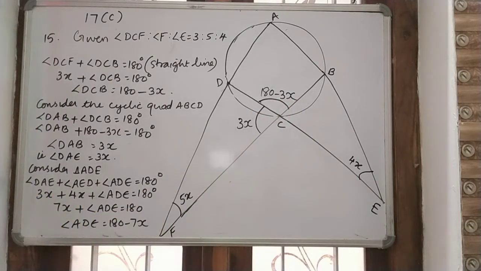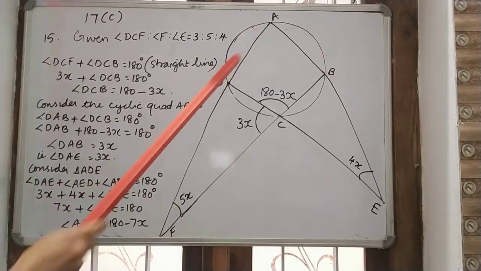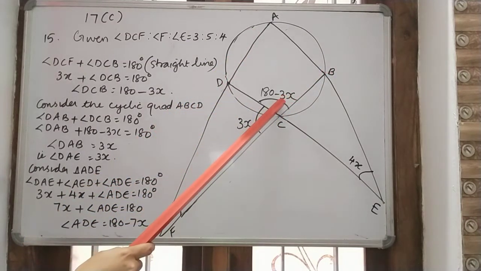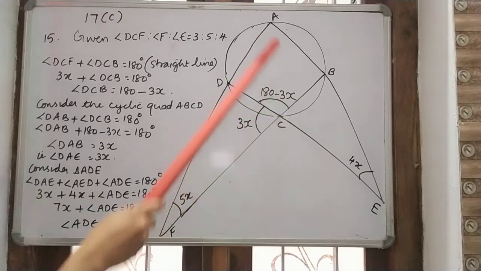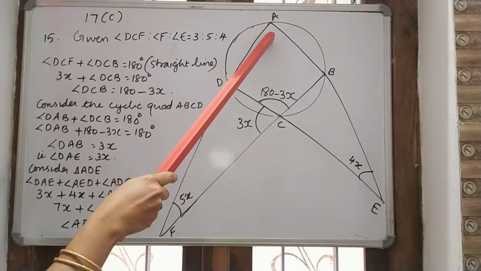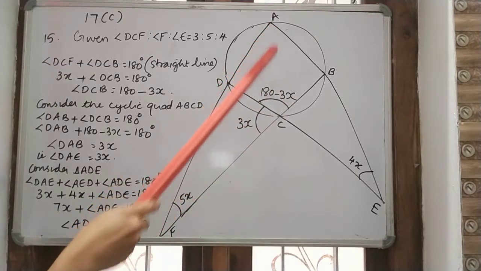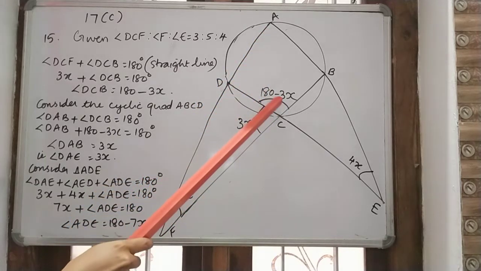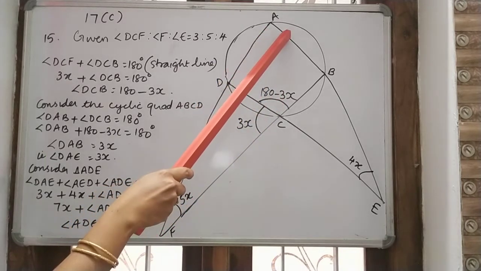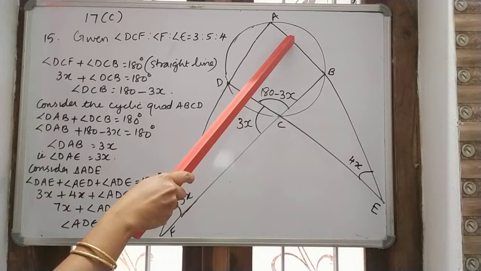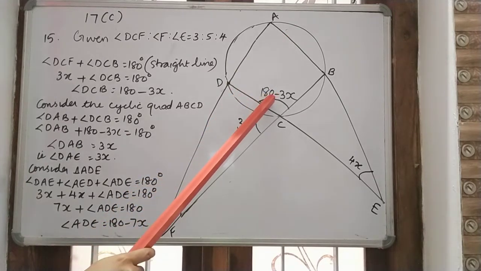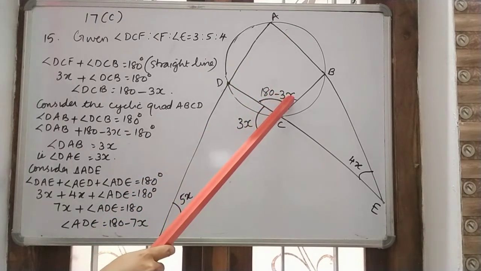Next consider the cyclic quadrilateral ABCD. Opposite of 180 minus 3x is angle A. Opposite angles of a cyclic quadrilateral are supplementary. So how can we find this angle A?